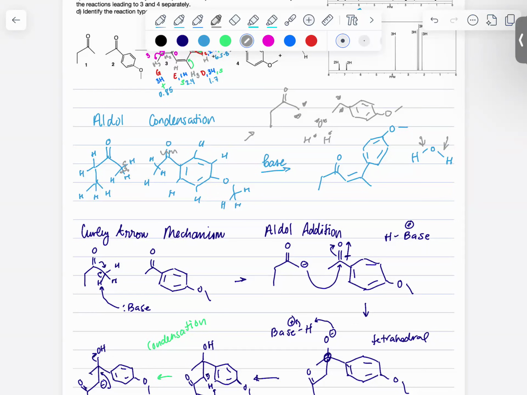Those are definitely two that get made, and the double bonds that we form. So aldol condensation and addition are both good examples of CC bond creation.